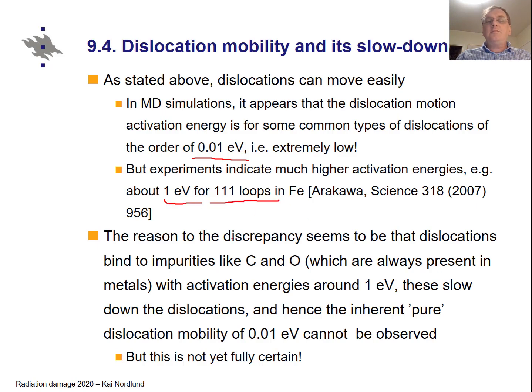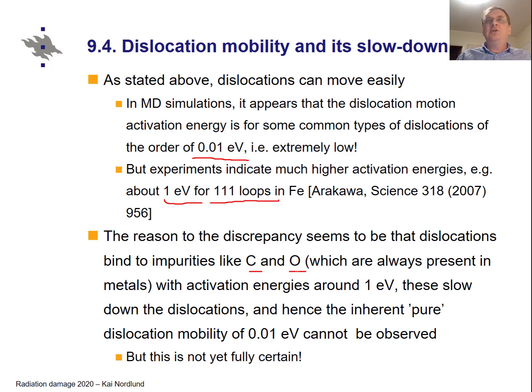The reason for this is not known for sure, but there seems to be a fairly strong consensus, supported by several MD simulations, that in reality the interstitials are always bound to impurities like carbon and oxygen, which are always present in metals. The rule of thumb is that unless your metal is an ultra high purity metal which costs an absolute fortune, you have at least something like 0.1% carbon or oxygen impurities per metal atom.